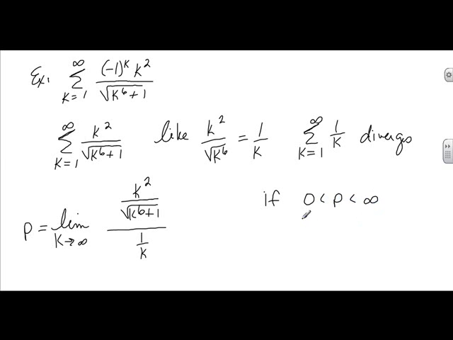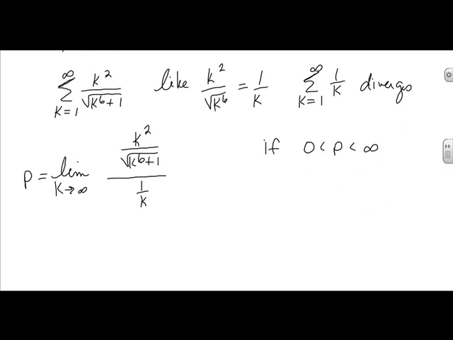So, working on this limit, we end up with k cubed over the square root of k to the sixth plus 1. That limit eventually, another couple of steps, or maybe you can see it right there, is going to be approaching 1, and 1 is somewhere in between 0 and infinity.